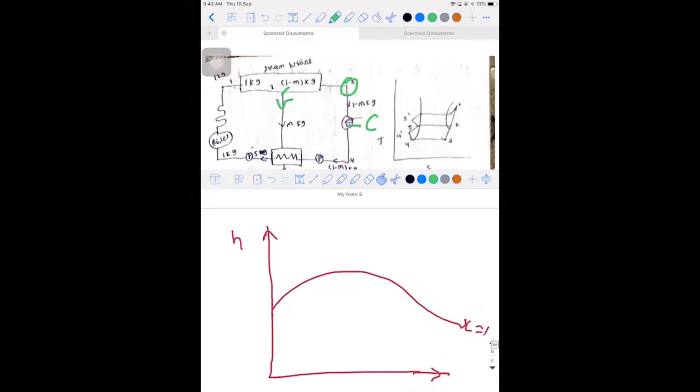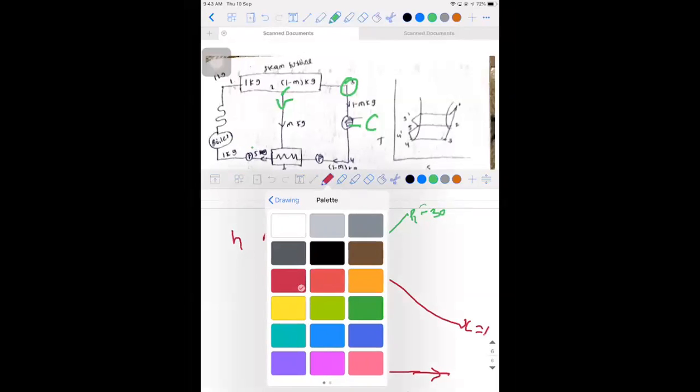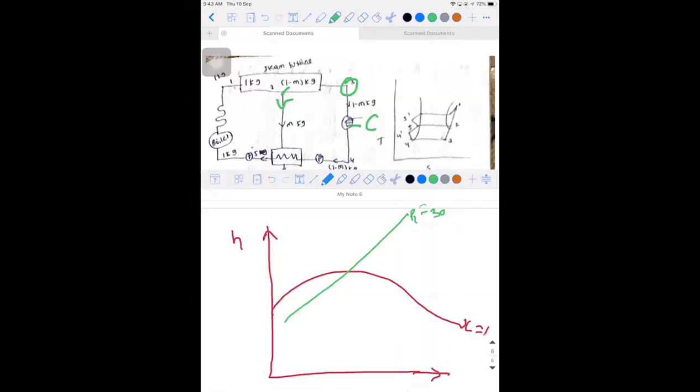Here, once again, you try to locate P1. What is P1? P1 is equal to 30 bar. And then we draw with a different color T1 equals 400 degrees centigrade.